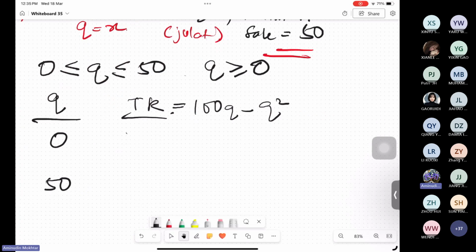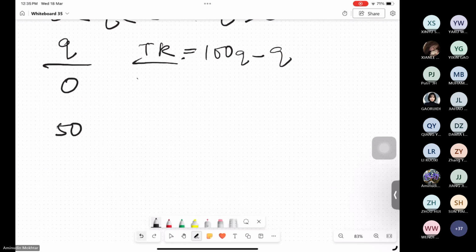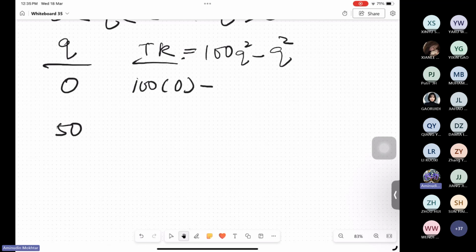That is TR. So we just replace Q equals 0 into this equation. When Q equals 0, TR equals 100 times 0 minus 0 squared. The answer is 0. So when Q equals 0, TR must be 0.